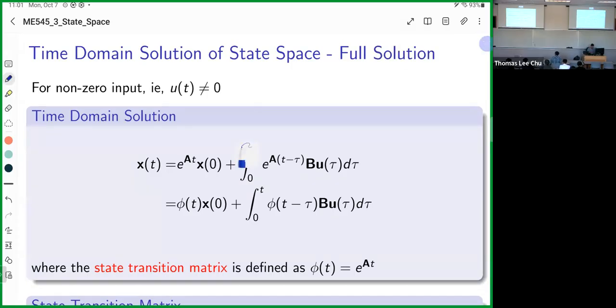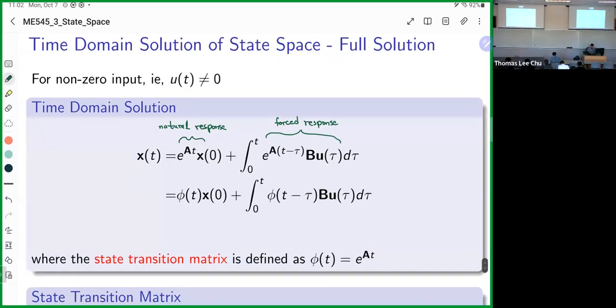So just to reemphasize this point, this is going to be our natural response. And then this is our forced response, because you can see our forced response is based off of our input. The textbook will redefine it as phi of t, which is called the state transition matrix here.